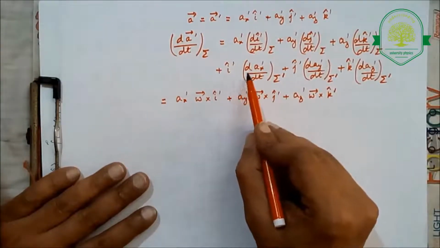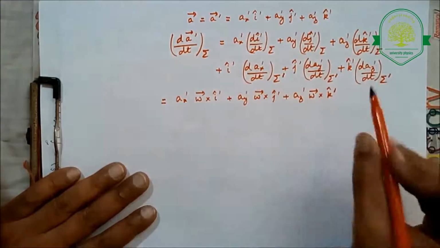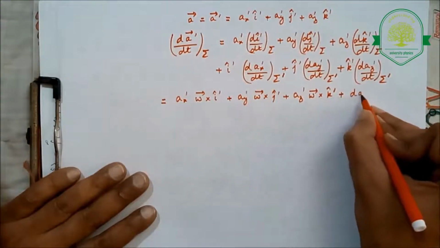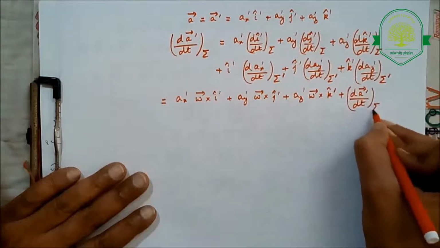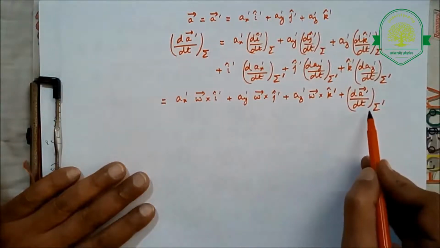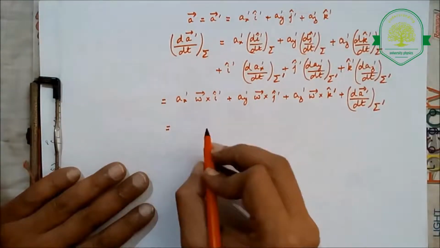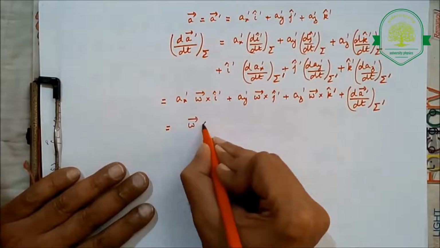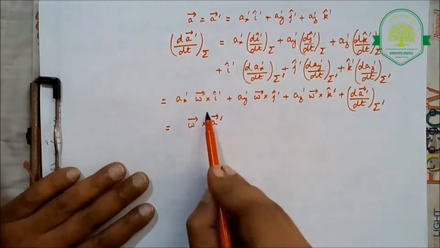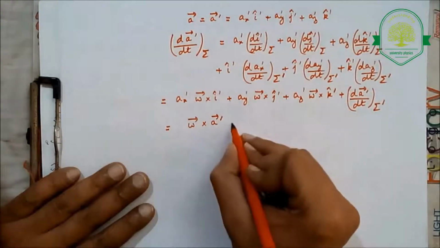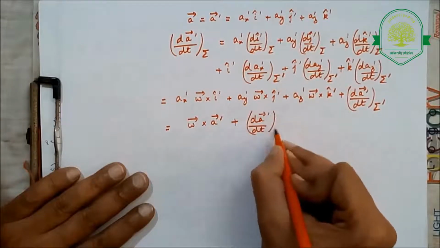And what do these three terms combine to give us? They give us the differentiation of the A primed vector with respect to time as seen from the sigma primed frame of reference, because in the sigma primed frame of reference, i cap primed, j cap primed, k cap primed are all constants. So this gives us omega cross A vector primed. These three terms combine to give us this, plus dA primed over dt as seen from sigma primed.